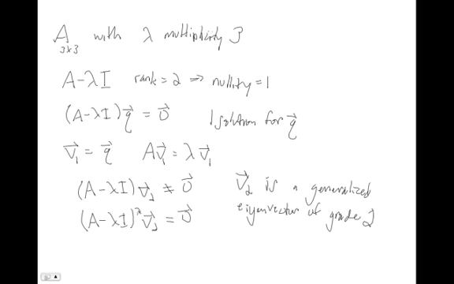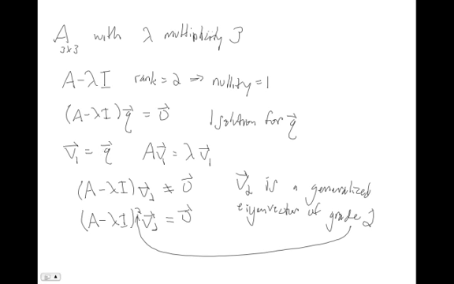It's this squared that is the reason why it's grade 2. Okay? It's that 2 that's making it grade 2. So by that definition, we could have gone back and said, what is V1? V1 is a generalized eigenvector of grade 1. But a generalized eigenvector of grade 1 is an eigenvector. So that's kind of interesting.